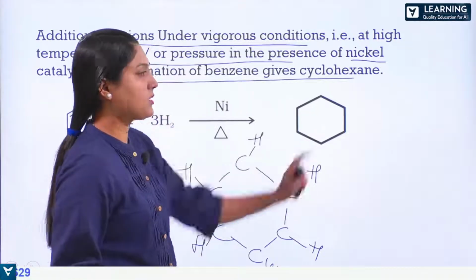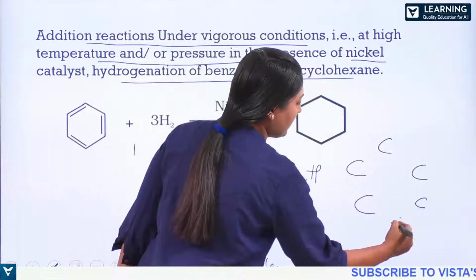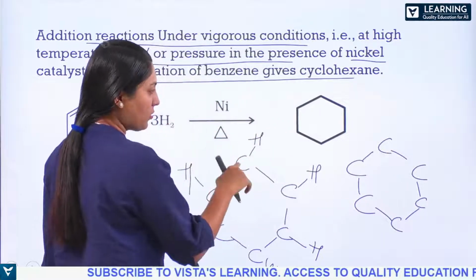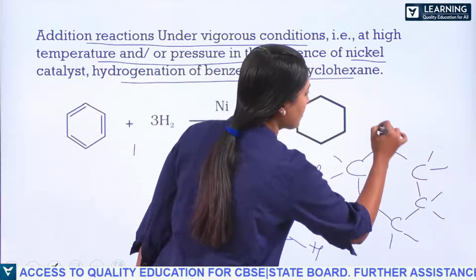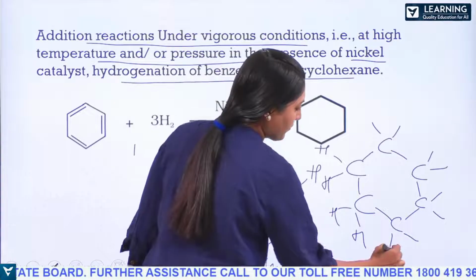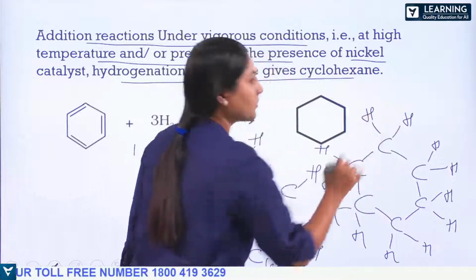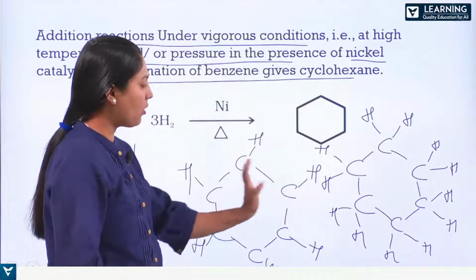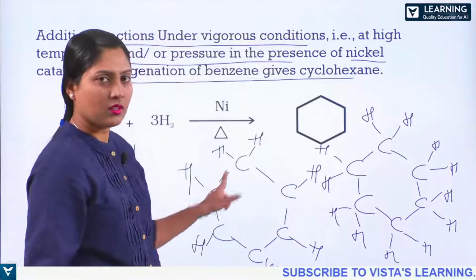So this makes cyclohexane. Each carbon atom will have carbon-carbon single bonds and, since it already had one hydrogen, it will now have 2 hydrogen atoms. Got it? So this is the addition of extra hydrogen on the double bonds, and already you have one more hydrogen on each carbon in the benzene ring.